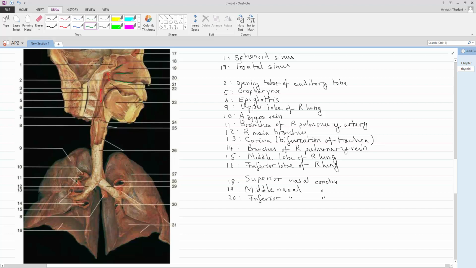So all this does is create turbulence for the air that's coming in through the nose, and as a result, all the heavier particles, the dust and so forth, are deflected and get trapped in the mucus, and only pure or filtered air can now enter into the pharynx.